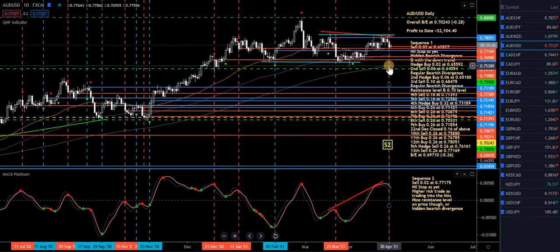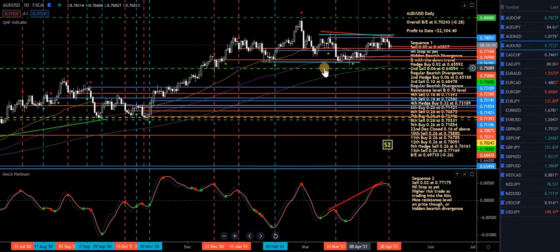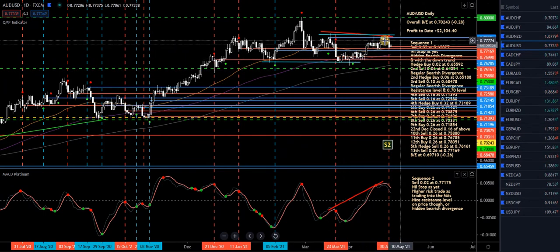So here was this last sell, which was a standalone sequence 2 sell. You can read the notes there. I haven't got a stoppage yet. High risk trade because of the MAs, there's a 50 EMA, 100 EMA, and a 240 LMA. Technically, they're heading up, so price is bouncing off them.